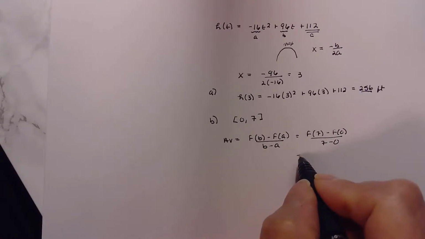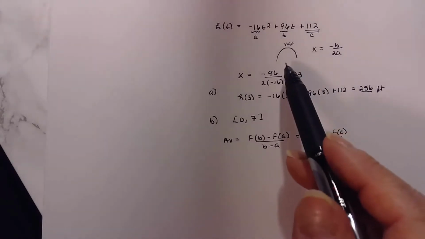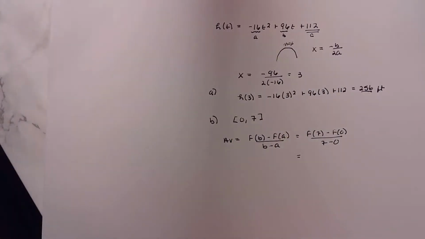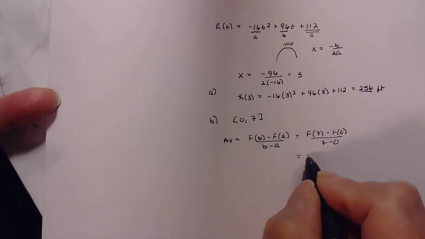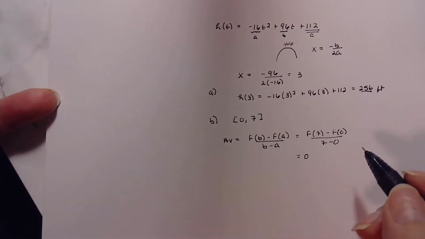And so f of 7 means I need to plug a 7 into this function. So we have negative 16 times 7 squared, which is 49, plus 96 times 7 plus 112. And I'm just throwing that into my calculator, and we get 0 for f of 7.